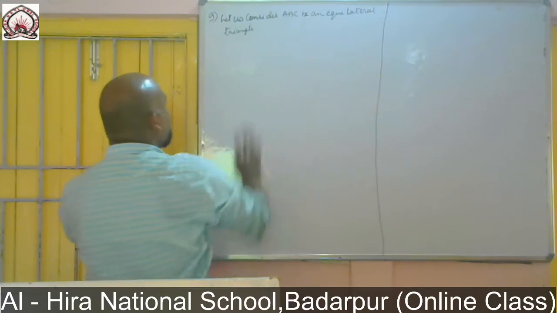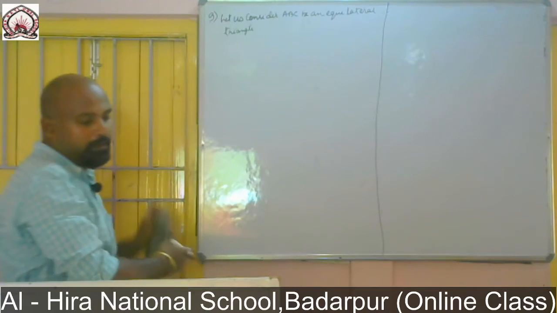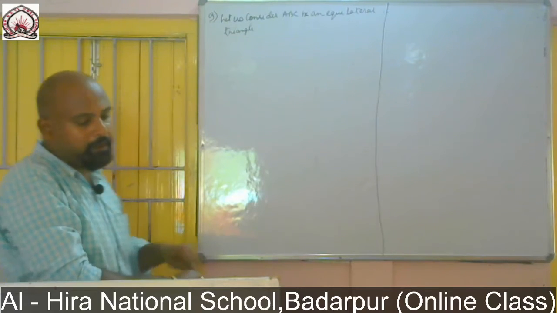Let us consider ABC is an equilateral triangle. Okay.